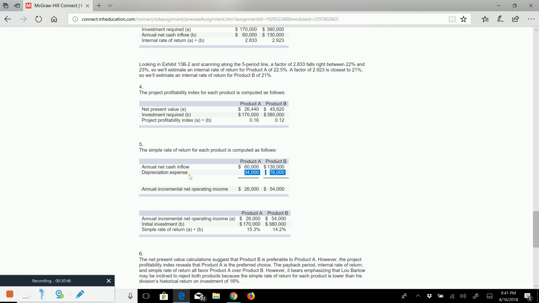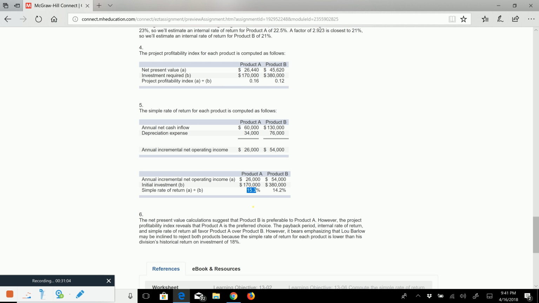And so you take the net cash inflow, subtract out any non-cash expenses, which happens to be depreciation in this case, and you'll get your annual net operating income. That is your new numerator. Divided by your initial investment, what you get is the simple rate of return. And once again, you will choose product A over product B.